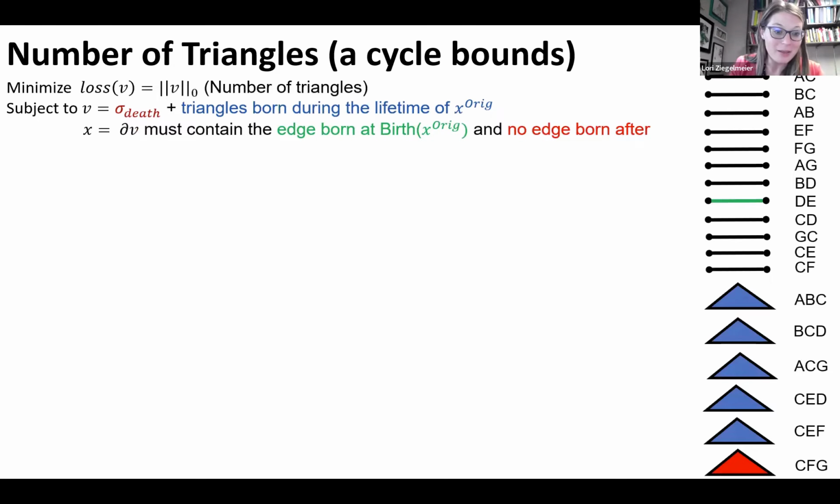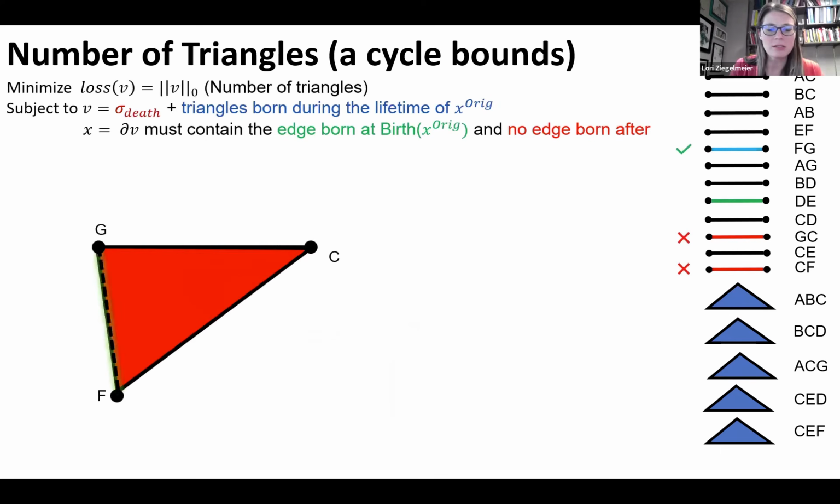That's a key point of this algorithm, that we need to have the simplex-wise filtration. In our software, we have a nice framework for starting from a Vietoris-Rips complex and being able to do this. The idea is we first start with the death simplex, the simplex born at the death time.